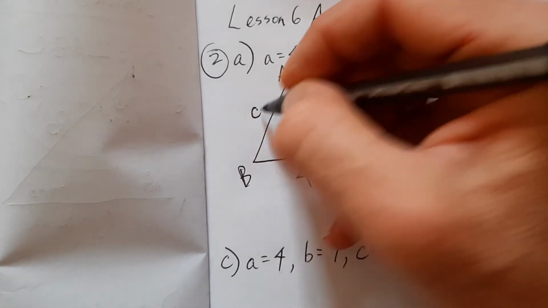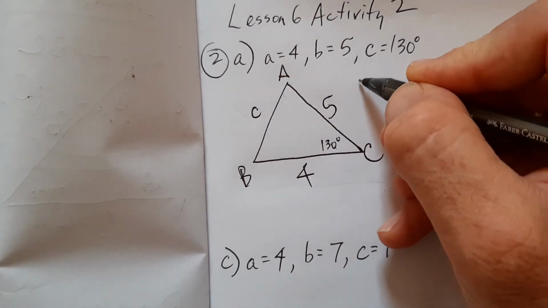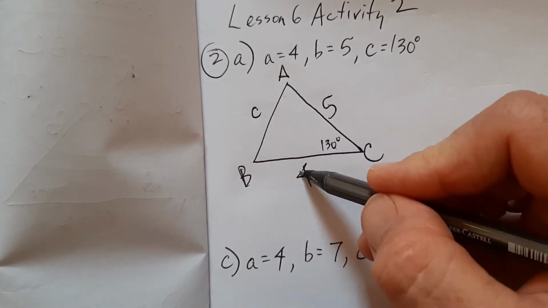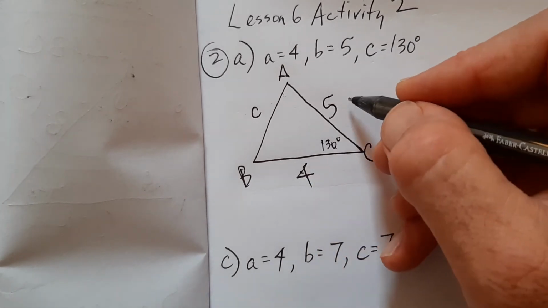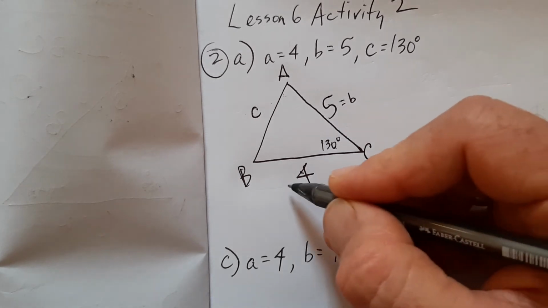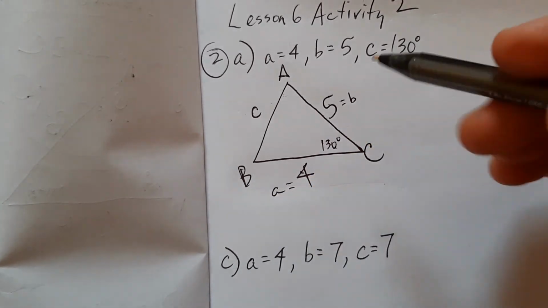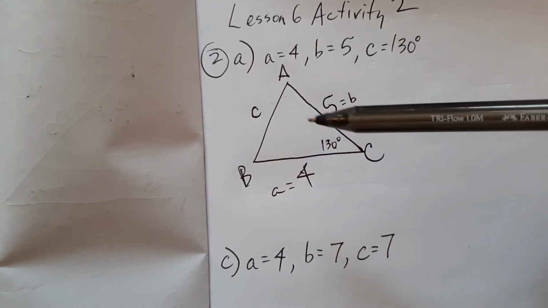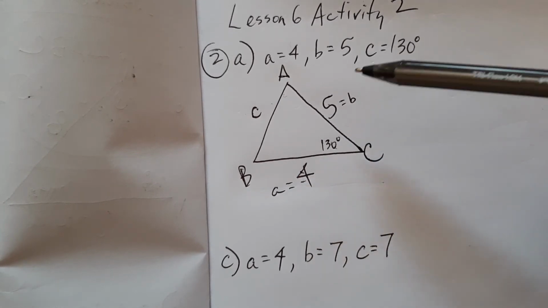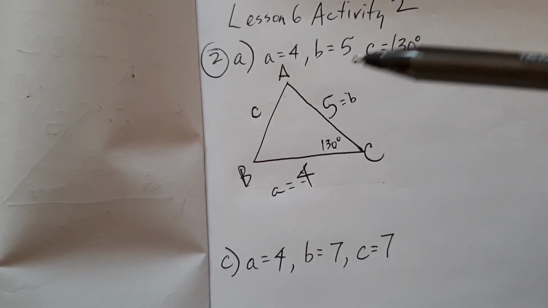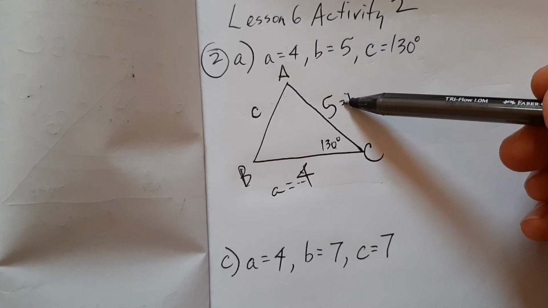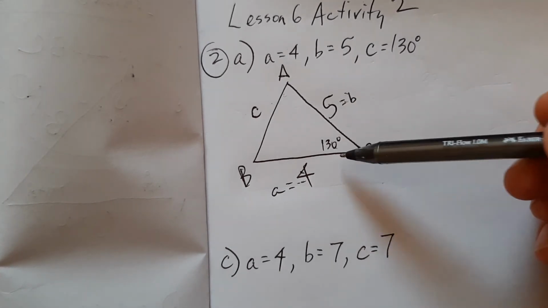So this is little side c, and I'm finding little side c. c squared equals a squared plus b squared minus 2 times a times b times the cosine of 130.